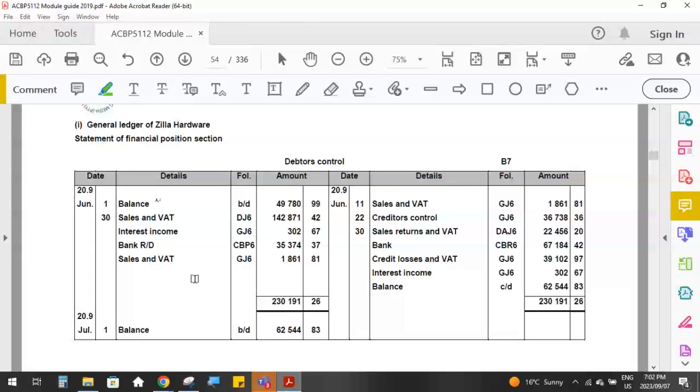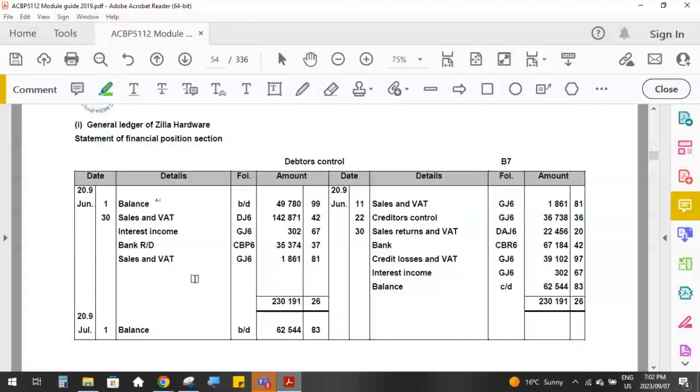And remember, on that transaction, there is no VAT because VAT is never levied on interest. So interest income 302.67, it's just the interest that we are crediting, and we do not credit VAT output account as well.